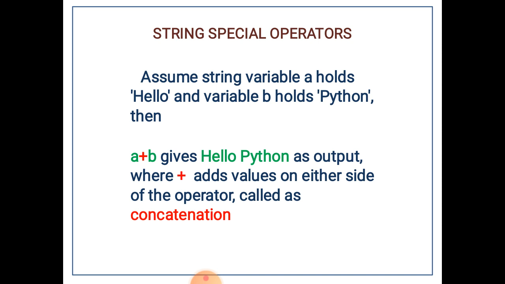A plus b gives the output hello Python, where the plus symbol adds the strings on both sides of the operator, and this operator is called the concatenation operator.